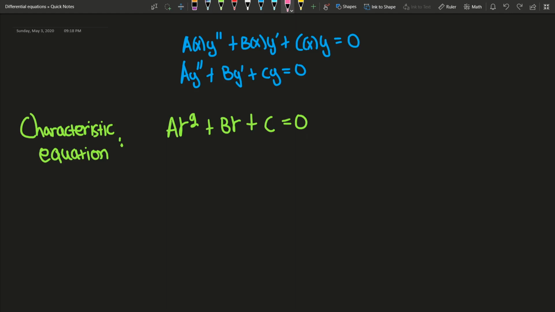So by solving this we're going to get two solutions, r1 and r2, and with both r1 and r2 we are going to get two particular solutions for the homogeneous equation.